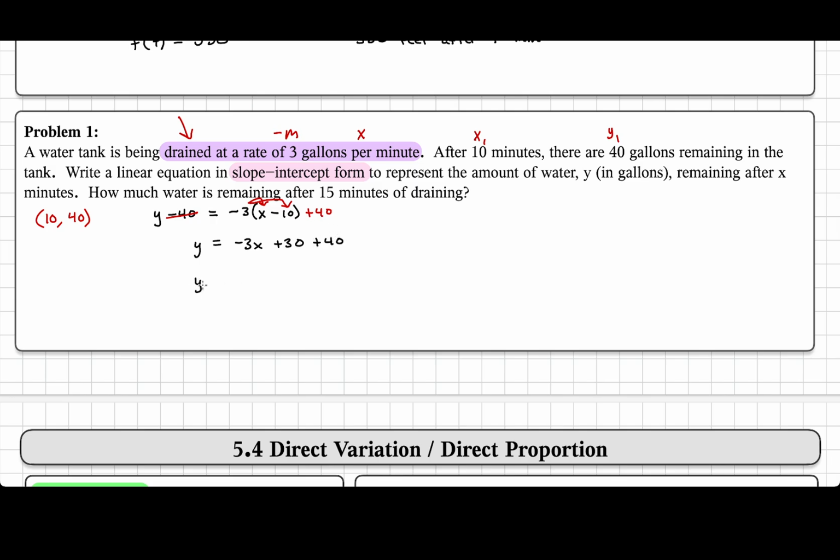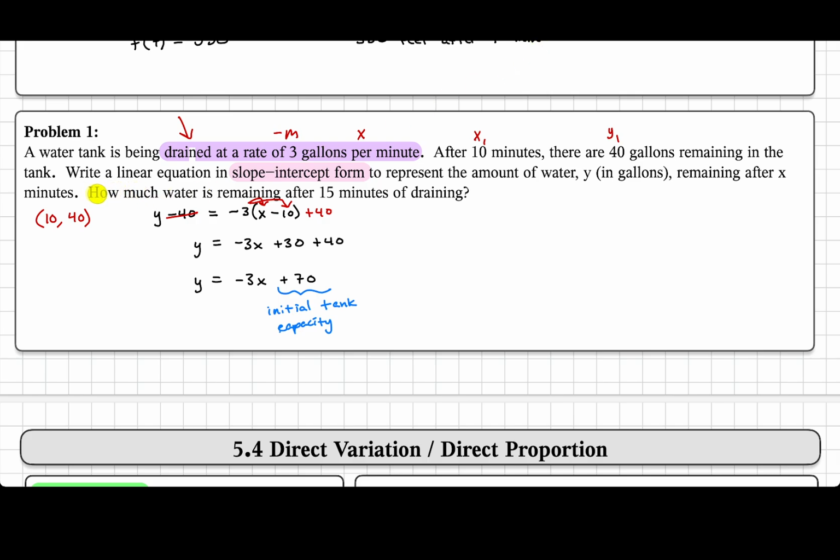And we'll finish out the equation. y is equal to negative 3x plus 70. The nice thing about this is now I can see that this is the initial tank capacity. It's a 70-gallon tank. And we want to know after 15 minutes how much is remaining in that tank.